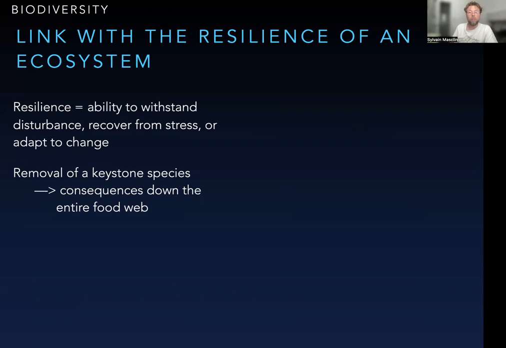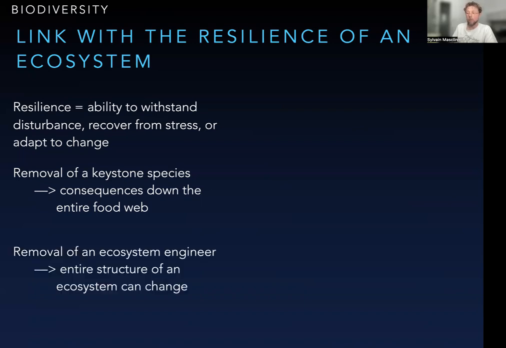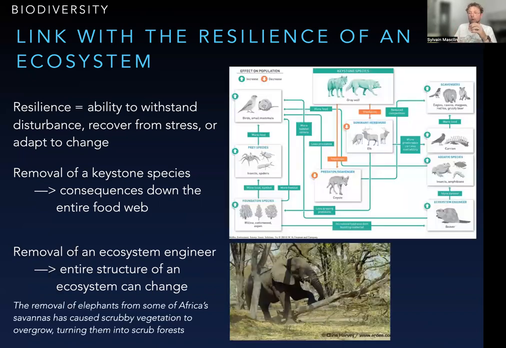If you're removing keystone species, the food web of the ecosystem goes down and the ecosystem goes down in itself. So those two types are very important for the stability of those ecosystems. Again, if you're removing them, you're impacting a lot of other species. And in general, it's a bad impact on the other species.